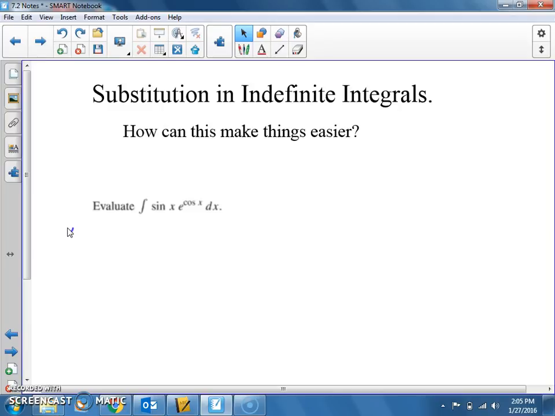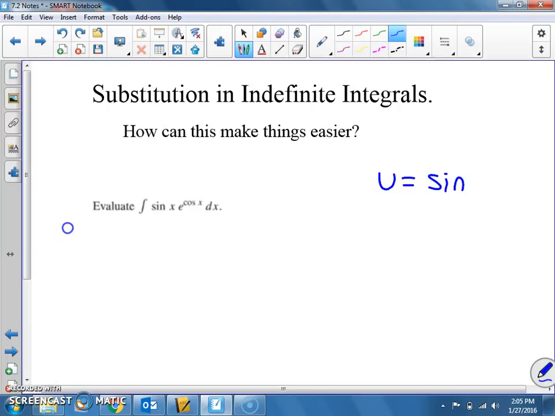So sine of x is going to be the original and cosine of x is going to be the derivative. That's what we're saying? So let's think about how we would do it. If we have u equals sine of x and du dx is cosine of x, let's see if this helps us.